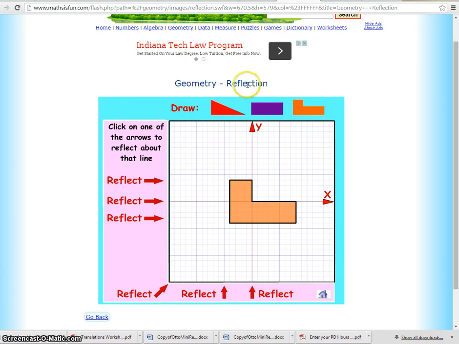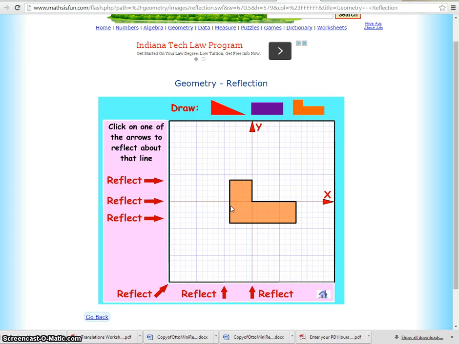Now, what about a reflection? Well, what is it, and what does it mean to reflect a figure on the quadrant grid with the y and the x-axes? I'm going to reflect this six-sided figure. It's an irregular hexagon. I'm going to reflect it over a particular line.